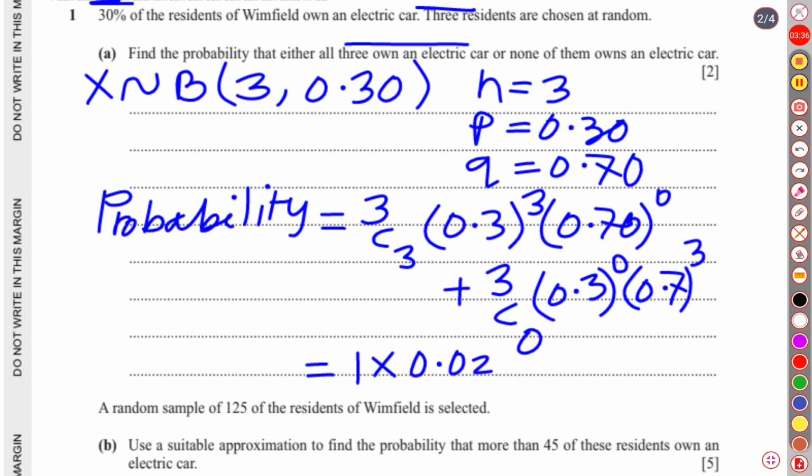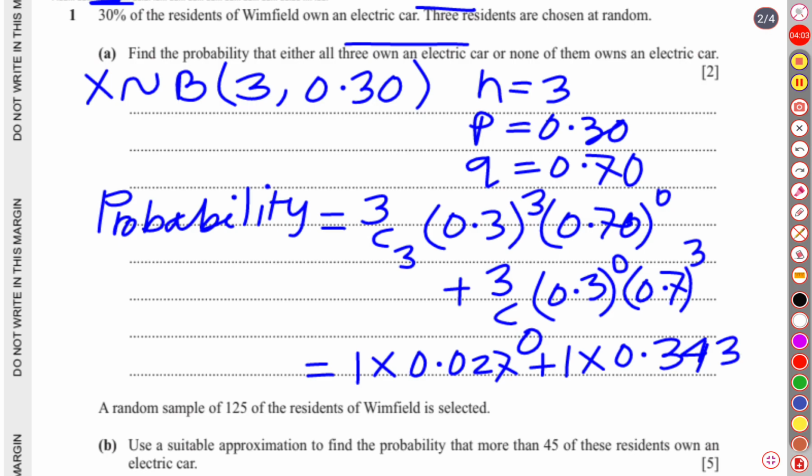0.3 cubed means 0.027. Plus, 0.3 raised to 0 is 1, so unnecessary to be written. And 3 choose 0, that means if we select no people from 3, there is only one way. So 1 into 0.3 raised to 0 means again 1. So 0.7 raised to 3 means 0.343.